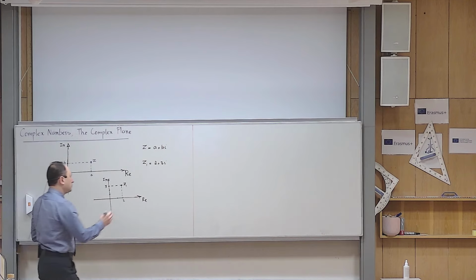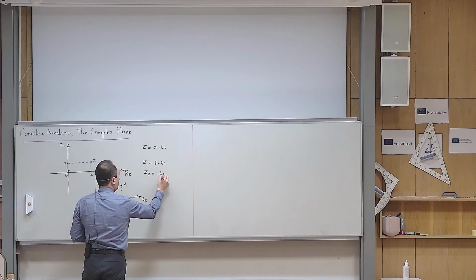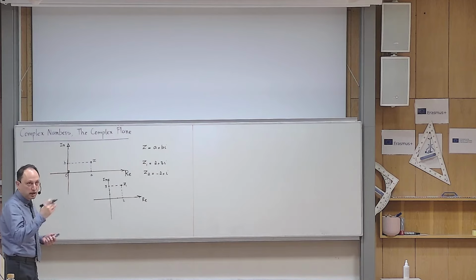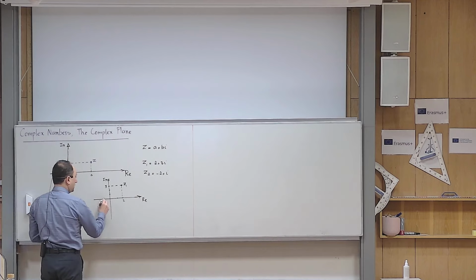For example, what is this one? z2 equals -2 + i. This means that the real part is -2 and the imaginary part is 1. So I go here, -1, -2, and the imaginary part is 1 unit.